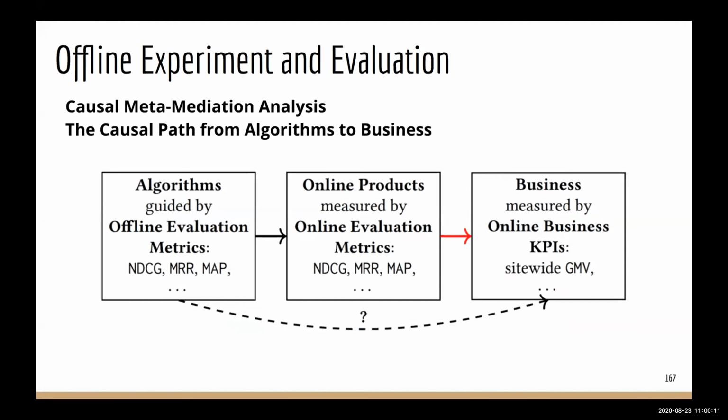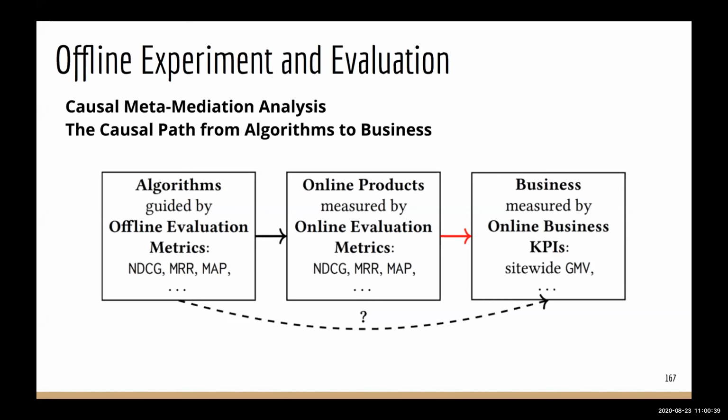Once you launch it online, you start to observe some online evaluation metrics, in this case probably online NDCG, MRR, MAP. These are the metrics you can't tweak, but you can observe once you launch your algorithm, and you can see they differ between your control and treatment groups.